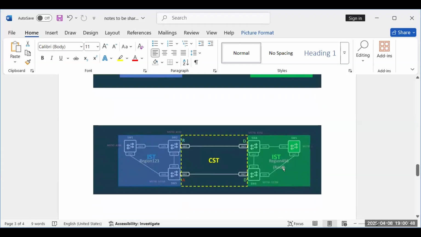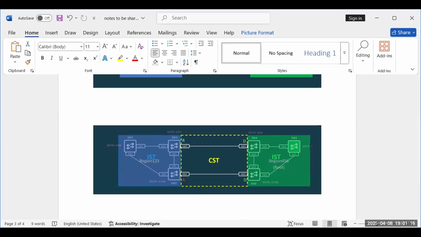IST is internal, CST is common spanning tree. This section is defined as root, this section is defined as non-root. And the connection between these two regions is called the common spanning tree.